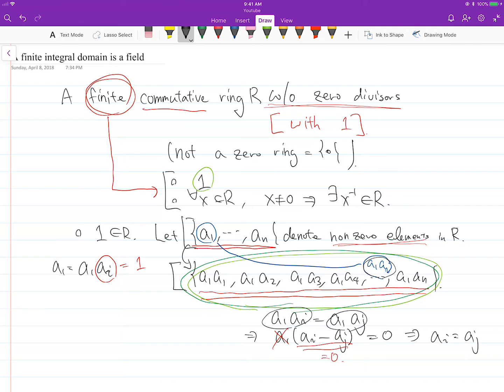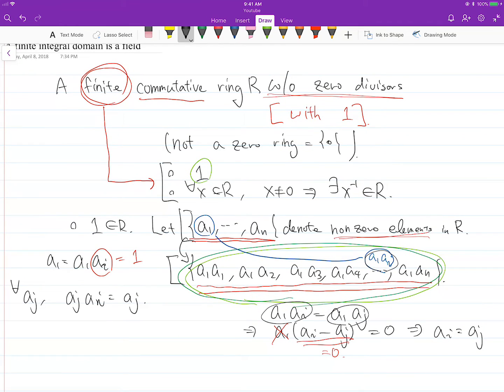The proof is actually pretty simple. For all a_j, what we want to show is this: a_j a_i equals a_j. This can be done very simply by considering a_j a_1 equals a_j a_1 a_i. This is obviously true, because we said earlier that a_1 and a_1 a_i are equal.